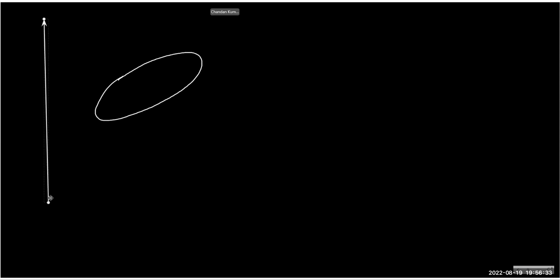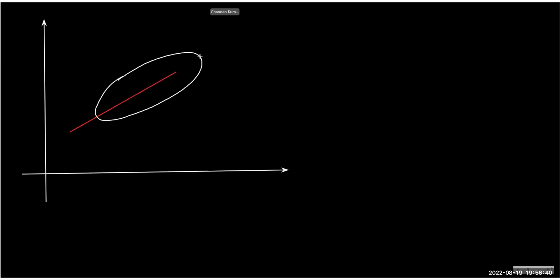If you draw an ellipse tilted like this, you cannot use this formula to write the answer. There you need to again use the definition and draw the axes. Now A and B will represent this and this.